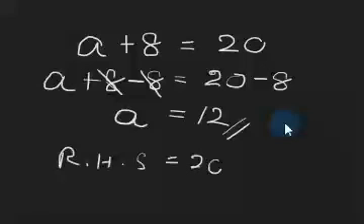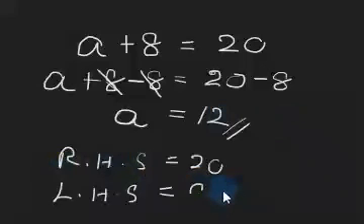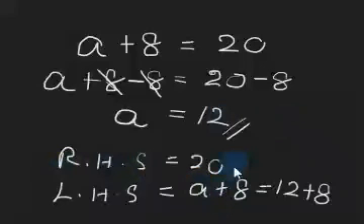Here right hand side. This side left hand side, a plus 8. Now you can substitute 12 on behalf of a. 12 plus 8, you get 20. See, right hand side equal left hand side. That means our solution is correct.